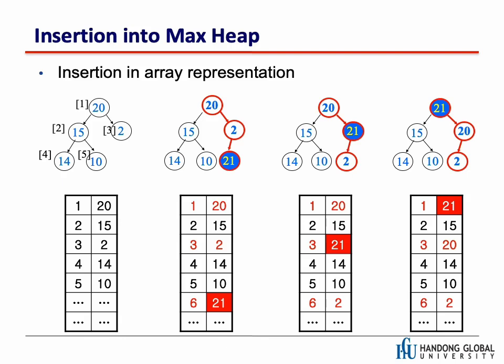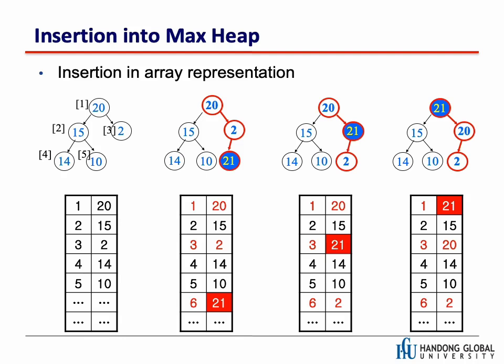So let's use an array representation. Given this max heap, at the top left we have one simple max heap. The root node is at index 1, 15 is at index 2, and node 2 is at index 3, etc. So we put these nodes following the level order. Then we can take advantage of these index calculations.